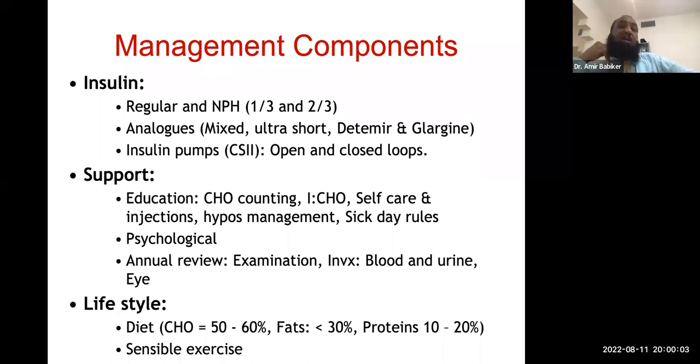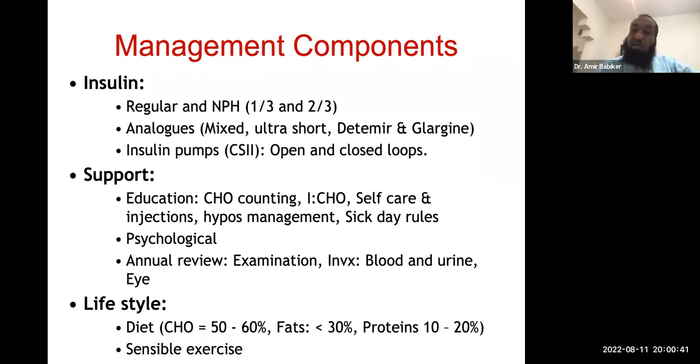Then the company that produces Lantus also has a rapid insulin called Apidra. The chemical name of it is difficult, it's called glulisine. The trade names are more famous than the chemical ones. Aspart is Novorapid, Lispro is Humalog, and Apidra, glulisine, is like Novorapid.